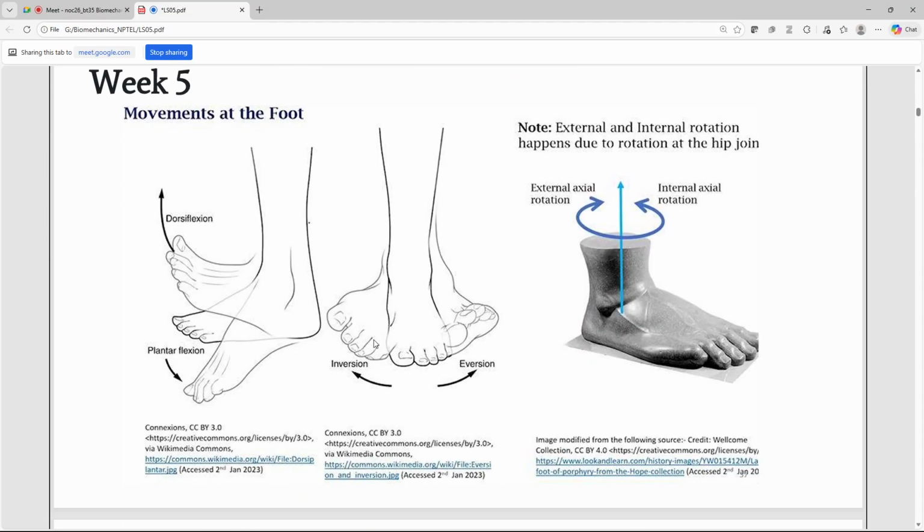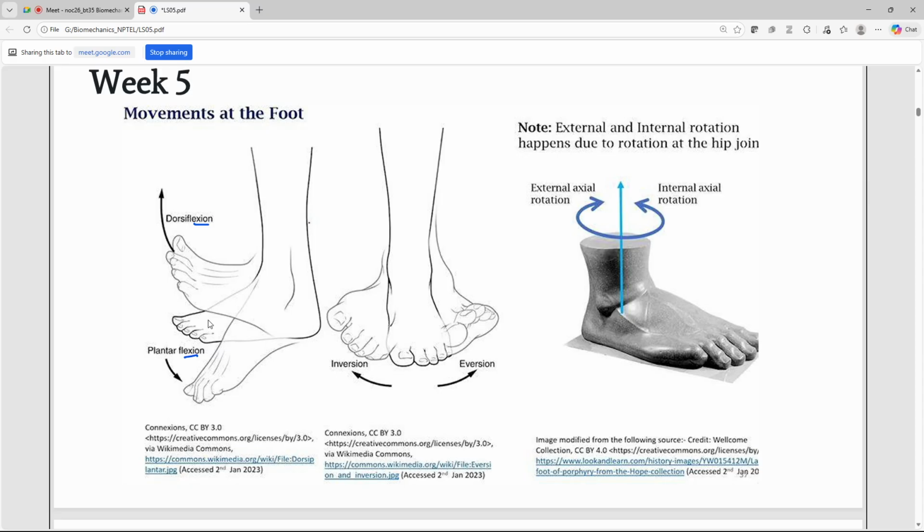These are some movements of the foot, and the foot or ankle joint doesn't have any extension. We don't use the word extension here, but the movements are dorsiflexion and plantar flexion.